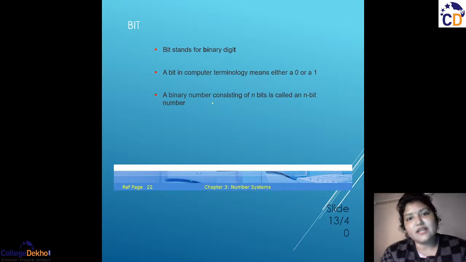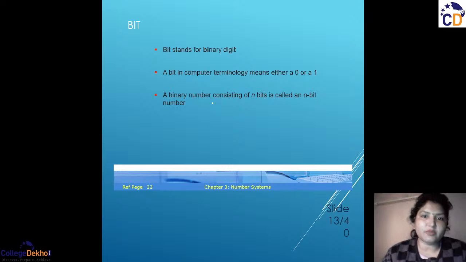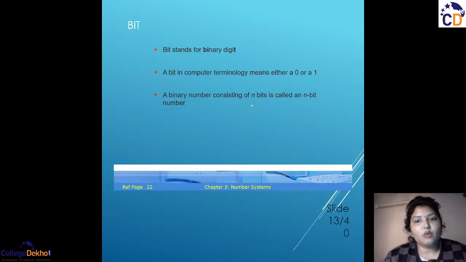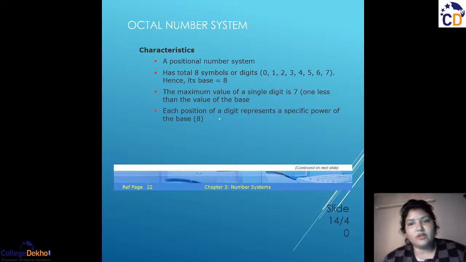Bit stands for binary digit. Everybody should know this. What do you mean by bit? Bit stands for binary digit. A bit in computer terminology means either 0 or 1. A binary number system consisting of n bits is called an n bit binary system. So if the system has n bits, you call it an n bit number system.